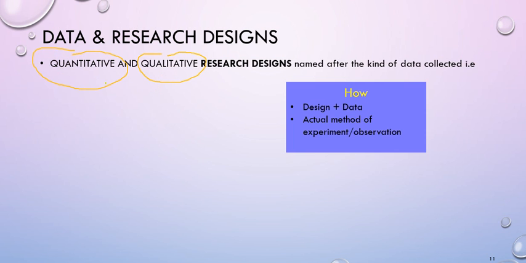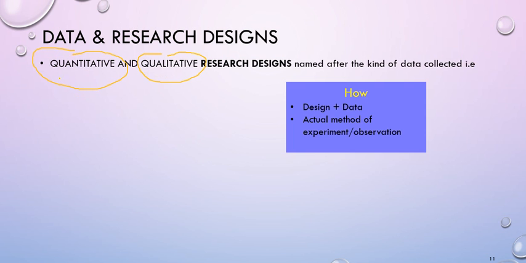What is the meaning of this? You observe the participants and you collect numbers, okay? Or you observe the participants and you collect information related to their behavior, their drawings, the words they say or how they feel.